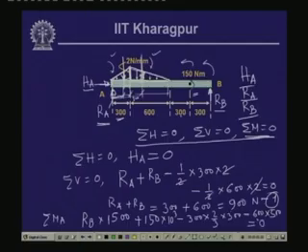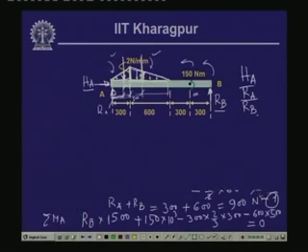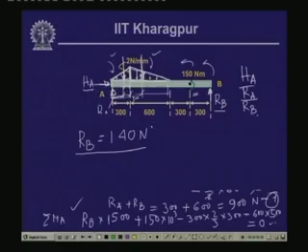From this particular expression, if we remove this particular part, we have one equation that R A plus R B equals 900 Newton, and the second equation, from the moment equal to 0, gives us the value of R B as equal to 140 Newton. If you compute this, you will get the value of R B from this expression as 140 Newton.